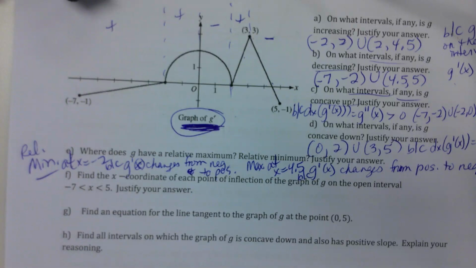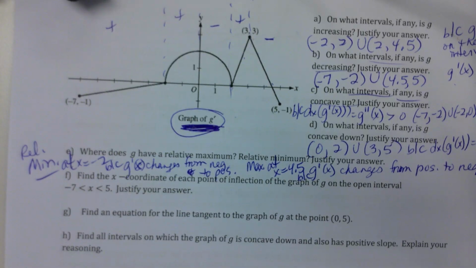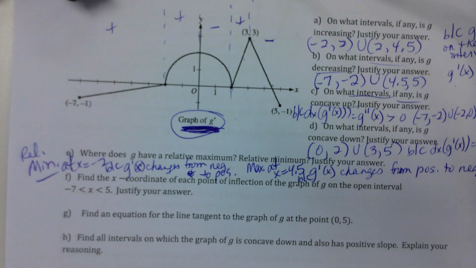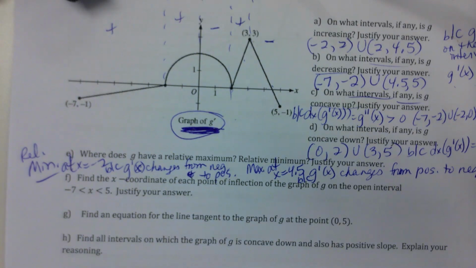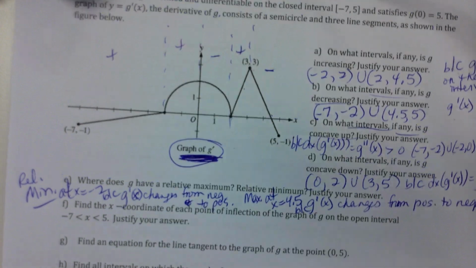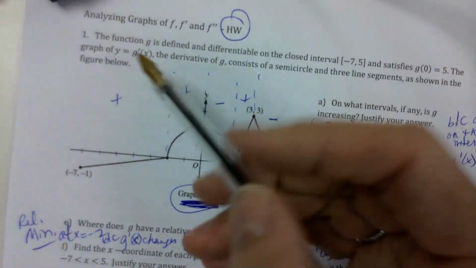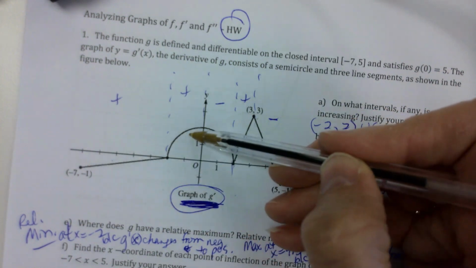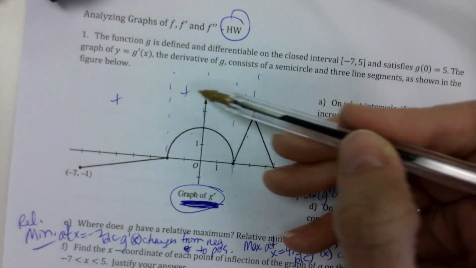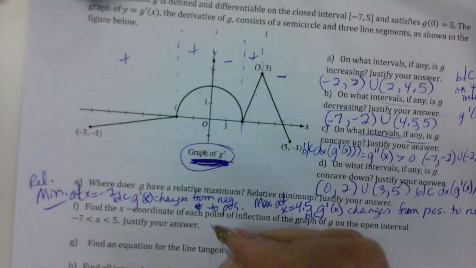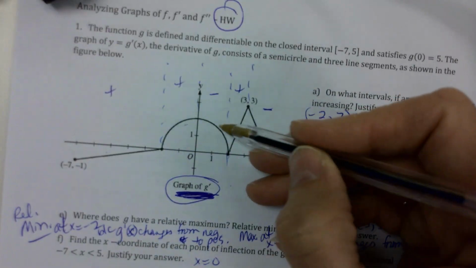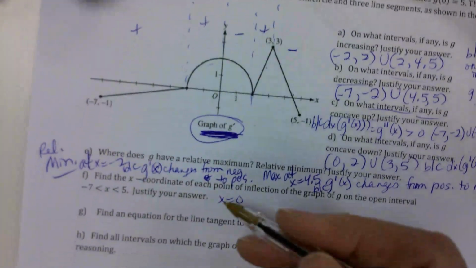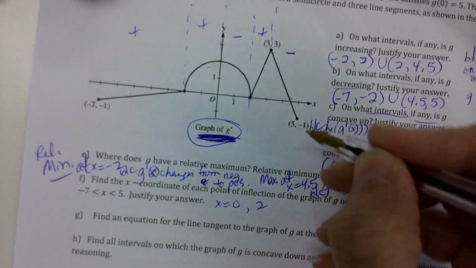Find the x-coordinate of each point of inflection. Now we're looking for the second derivative changing sign, right? The second derivative are the slopes, which we've done a little secant chart for. Positive to positive, no sign change there. Positive to negative, we got one at 0. Negative to positive, we got one at 2.